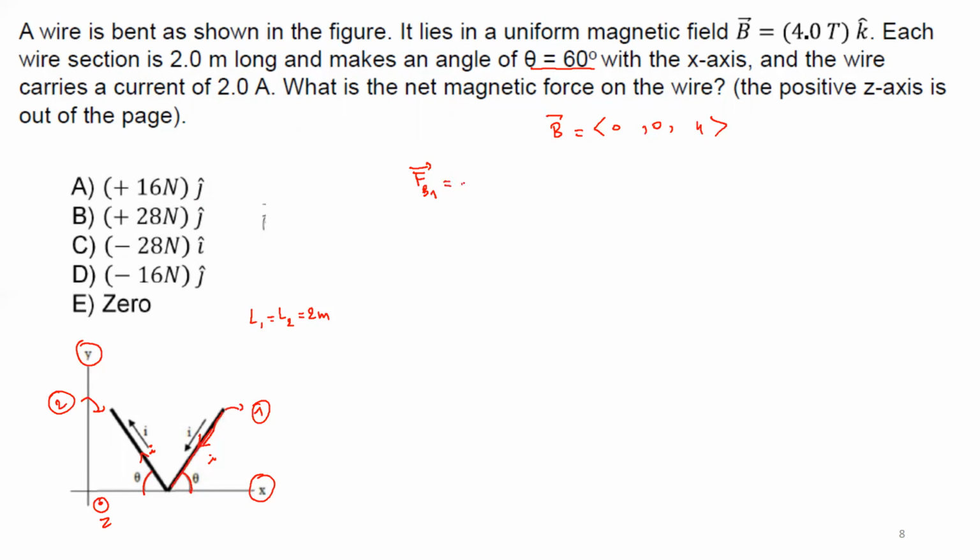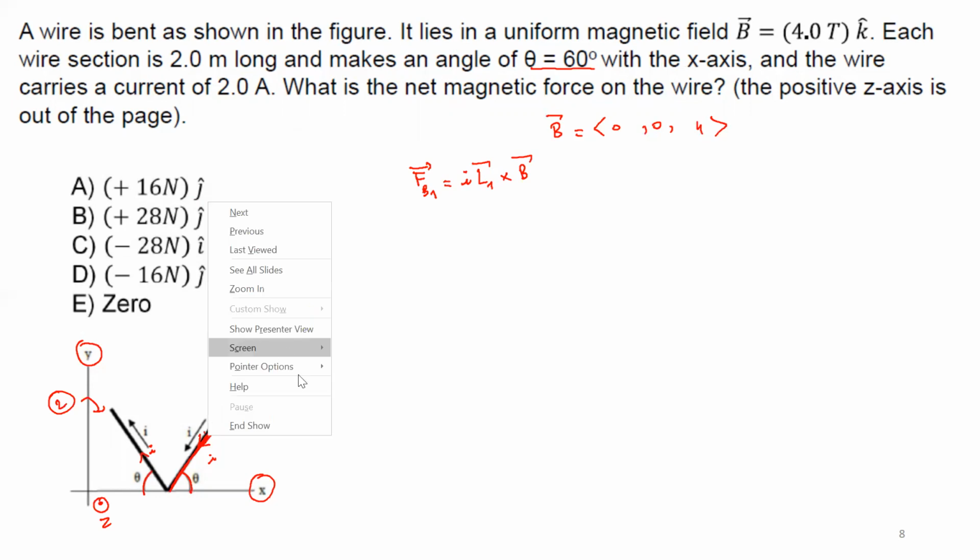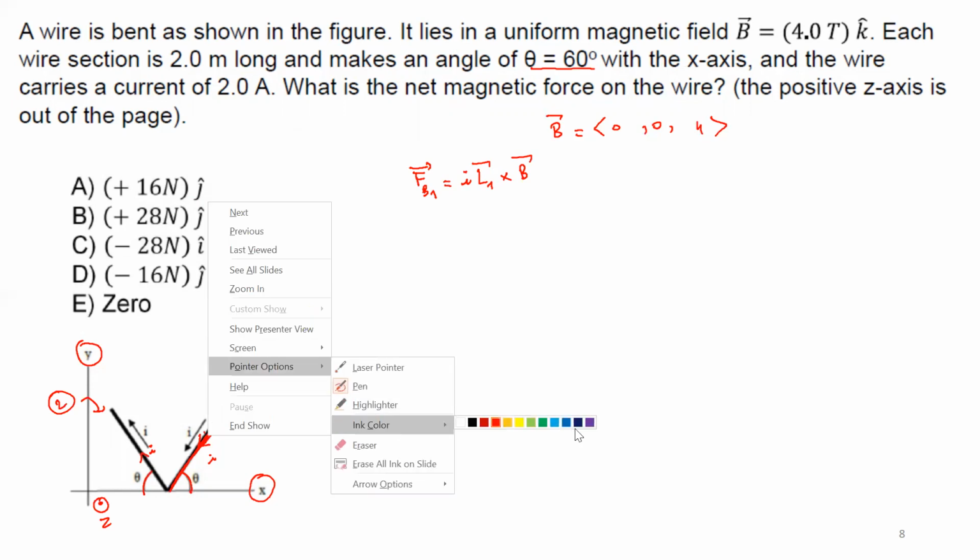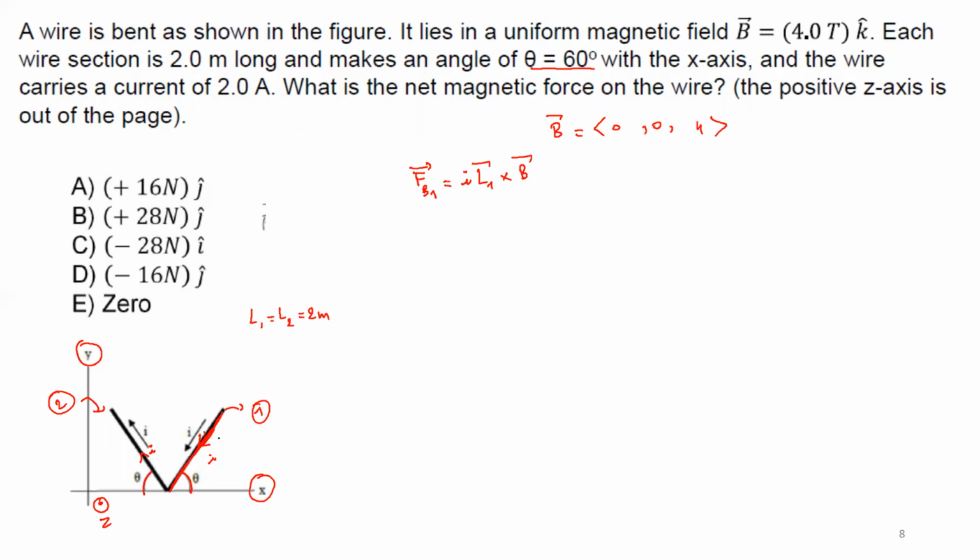Of course, the magnetic force is just I, L1 cross B. Now, what is L1? L1 is this vector here. Let me take another color here. So this is L1. This is the length vector L1.